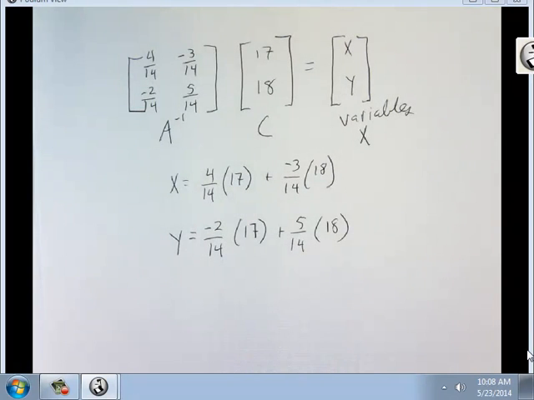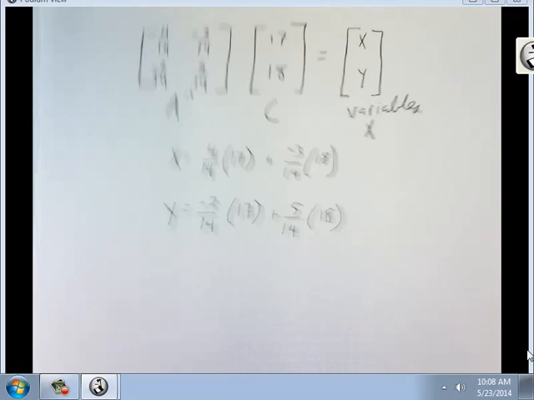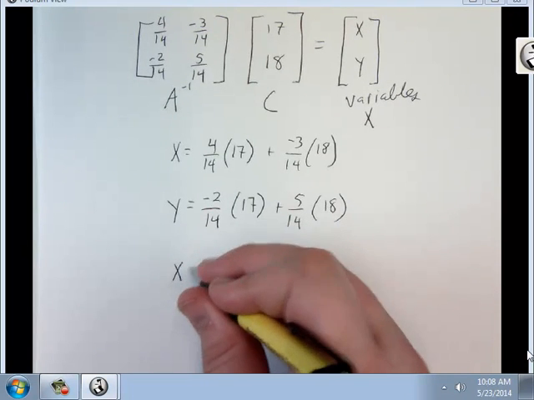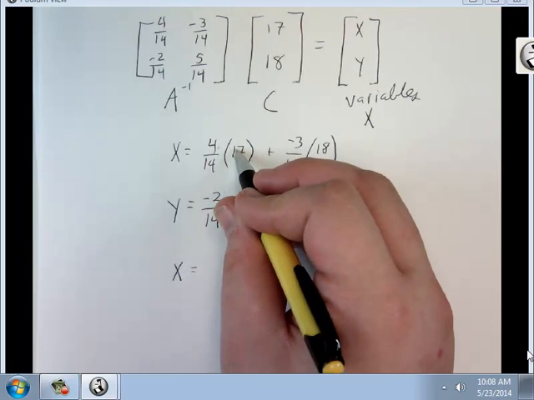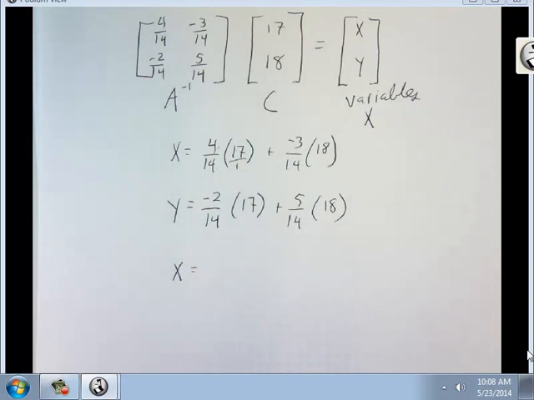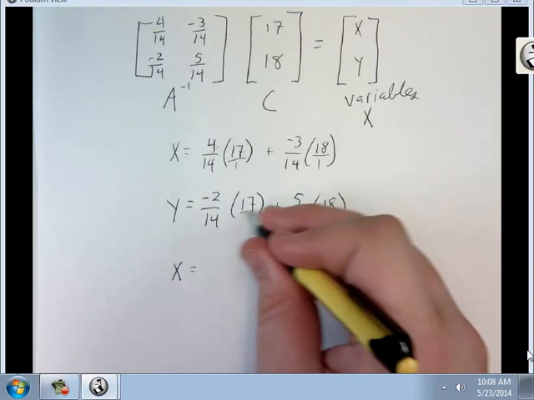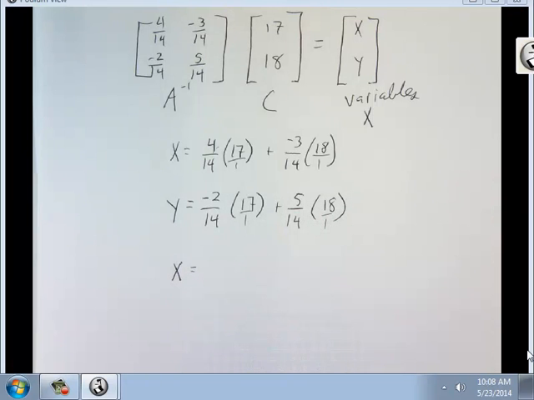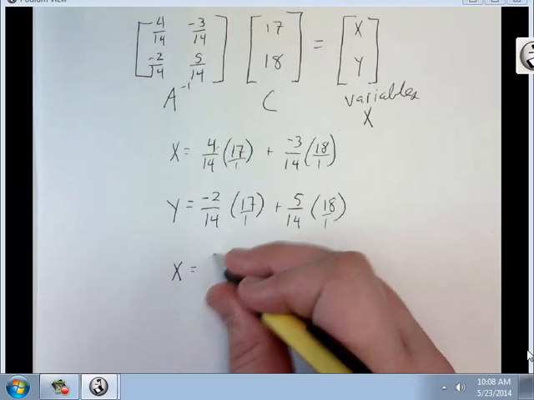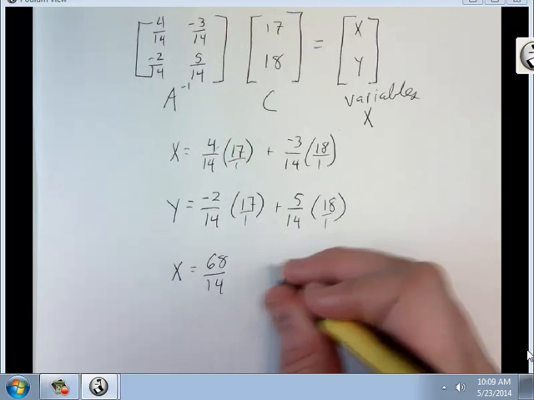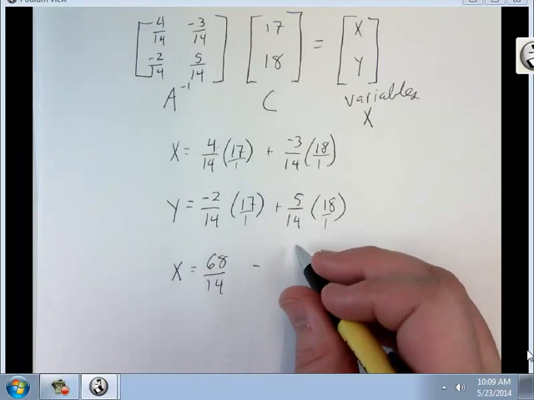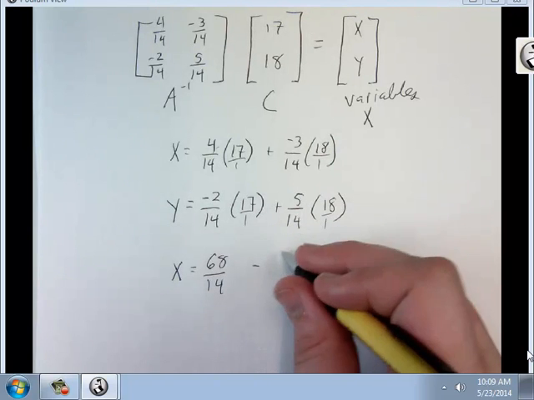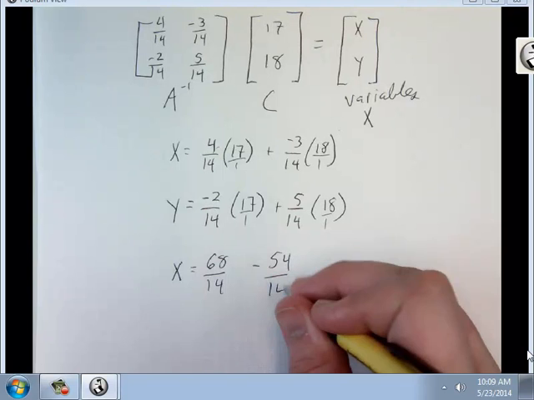Now we're just solving for x and y. 4 over 14 times 17, remember this is 17 over 1, just like each of these are over 1. So 17 times 4 is, I believe, 68 over 14, minus 18 times negative 3 is 54 over 14. 68 minus 54.